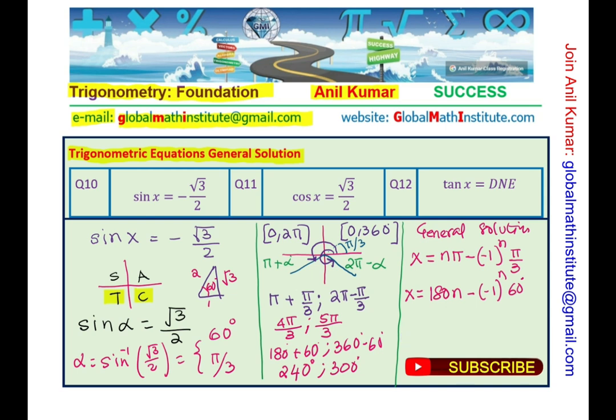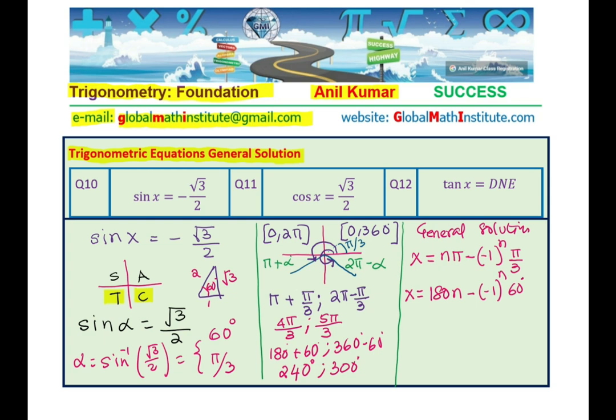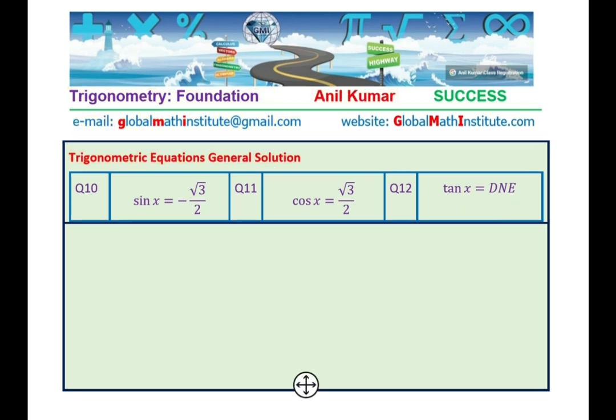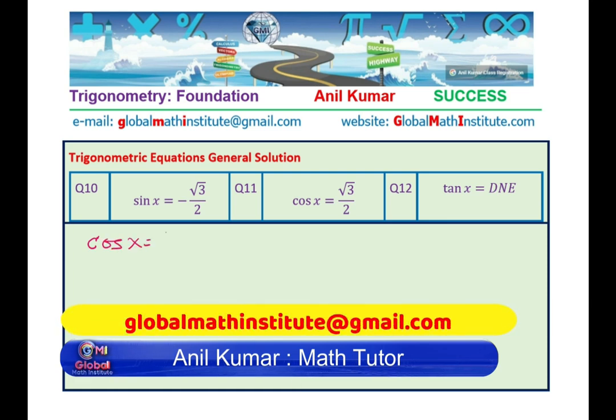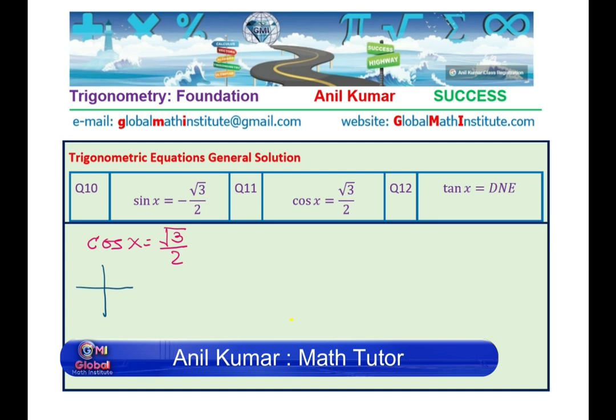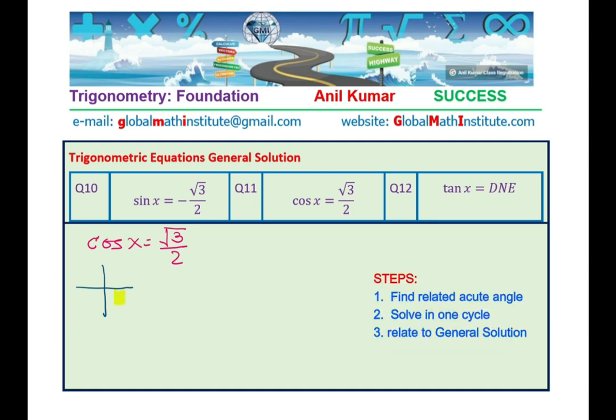Absolutely clear? Now let's take the next example, which is cos x equals square root 3 by 2. When we look into the cos rule, cos is positive in quadrants 1 and 4, right? So we are expecting solutions in these quadrants.